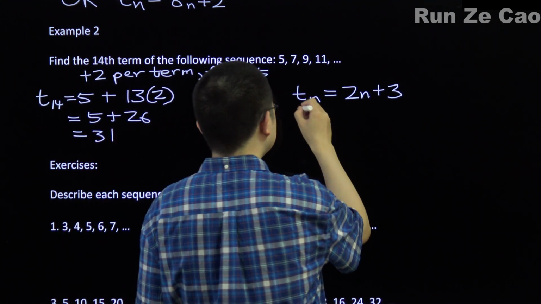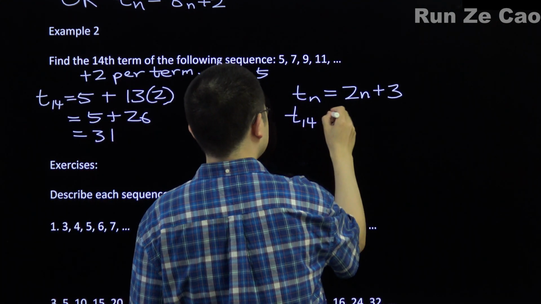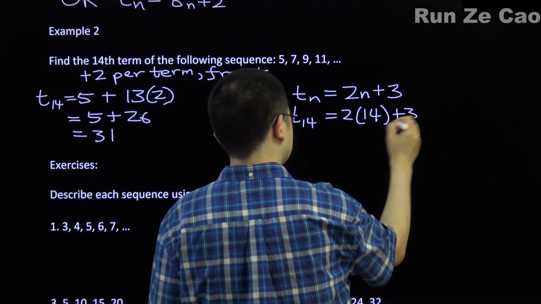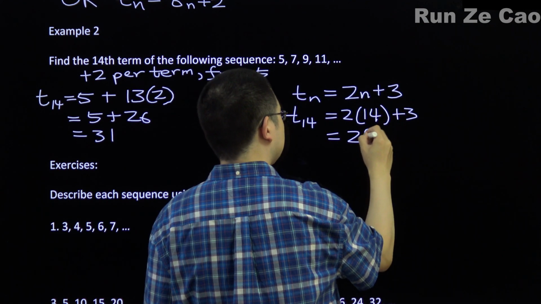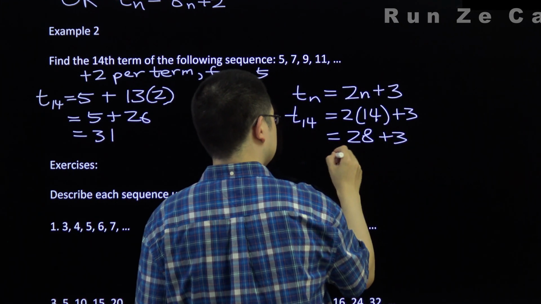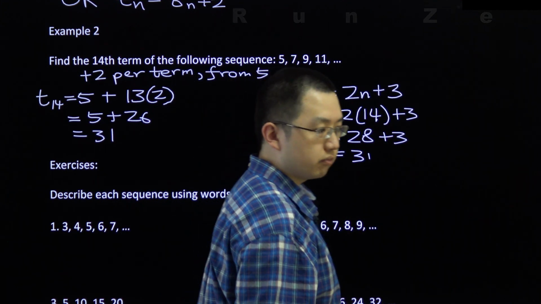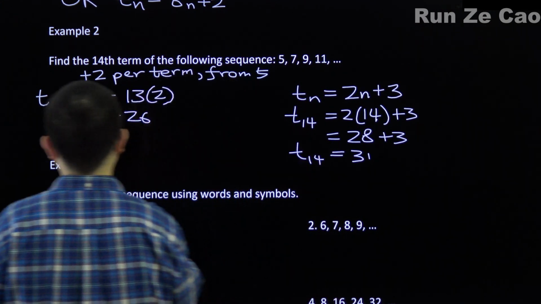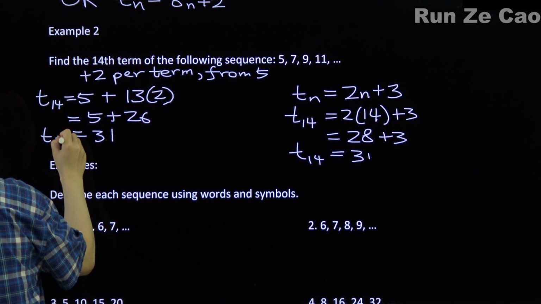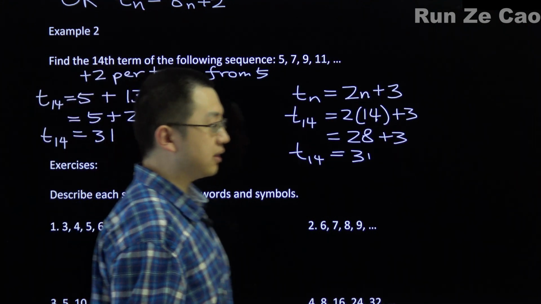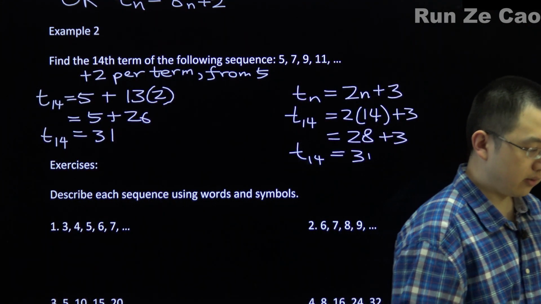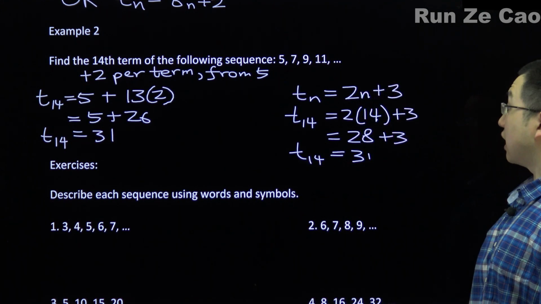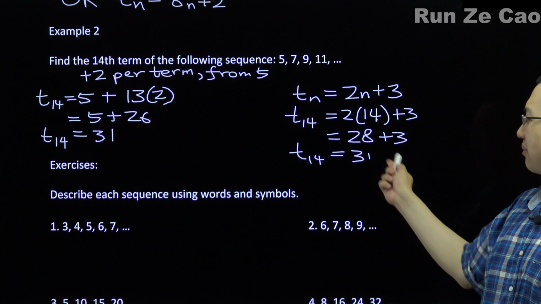Going off this version, term 14 is equal to 2 times 14 plus 3, which is 28, plus 3, which is equal to 31. Yeah, so our statement would be the 14th term is 31. Or just leave it at this, because the statement is T14 equals 31, which is the same thing as here.